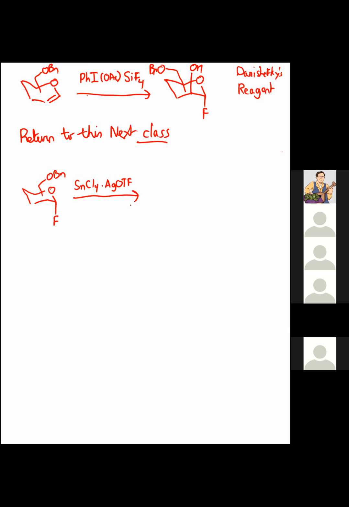So if we take this, I don't know, THF seems like a good solvent. And we think about, this is an odd reagent. It's tin tetrachloride with some silver triflate.